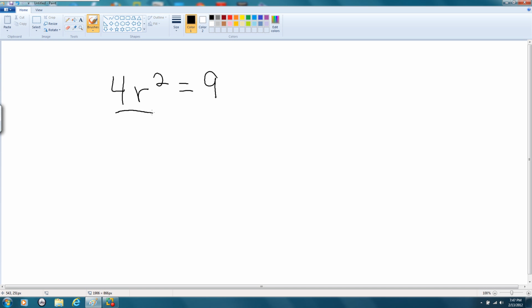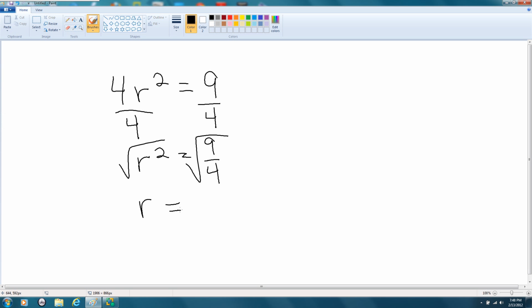Well, we divide each side by 4 in an attempt to get r by itself. And then we get r squared is equal to 9 over 4. We can take the square root of both sides to get r by itself. And we get r is equal to the square root of 9/4.